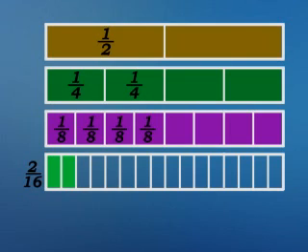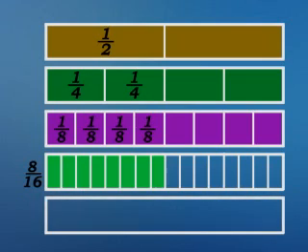And you can also say 1/2 is the same as 8/16. 1, 2, 3, 4, 5, 6, 7, 8. So all these are equivalent fractions: 1/2, 2 quarters, 4/8, and 8/16.